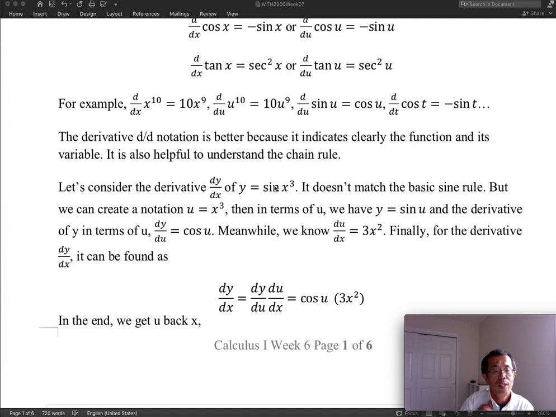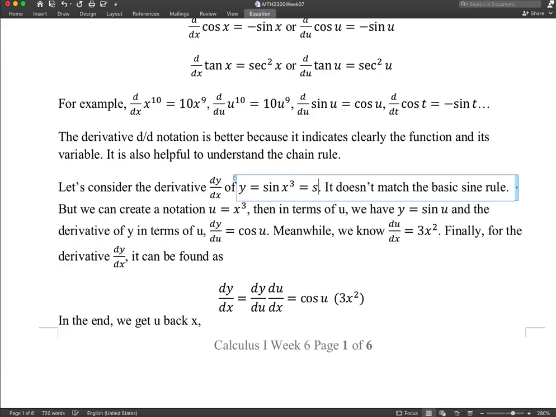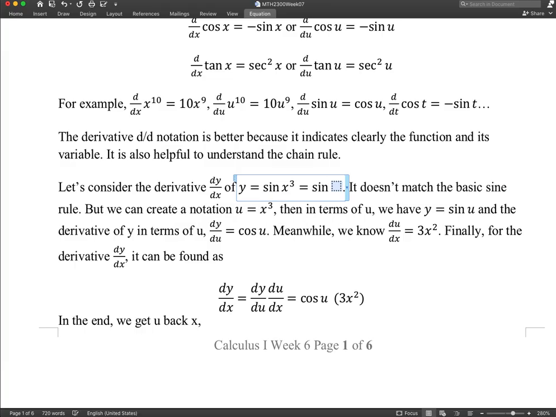Let's consider the derivative of the function y equals sine of x cubed. To be clear, maybe I can type a little more here. Just make sure you understand this function clearly. It should be considered as parentheses inside the sine, x to the power 3. It's the same function as this.